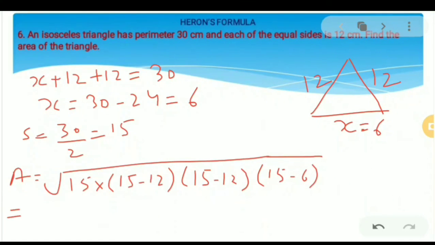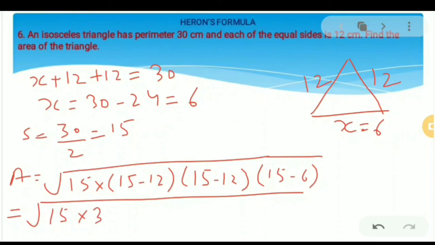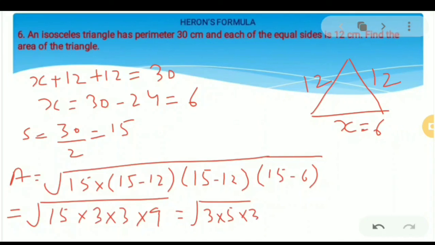Now 15 minus 12 means 3, 3 and 9. Factorization part is done. Now further we factorize it. 15 can be written as 3 into 5, into 3, into 3, and 9 can be factorized as 3 into 3. So this is the final factorization.